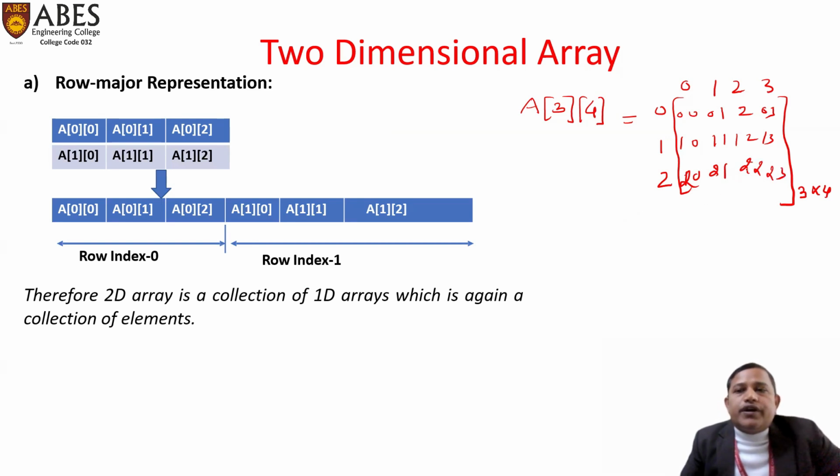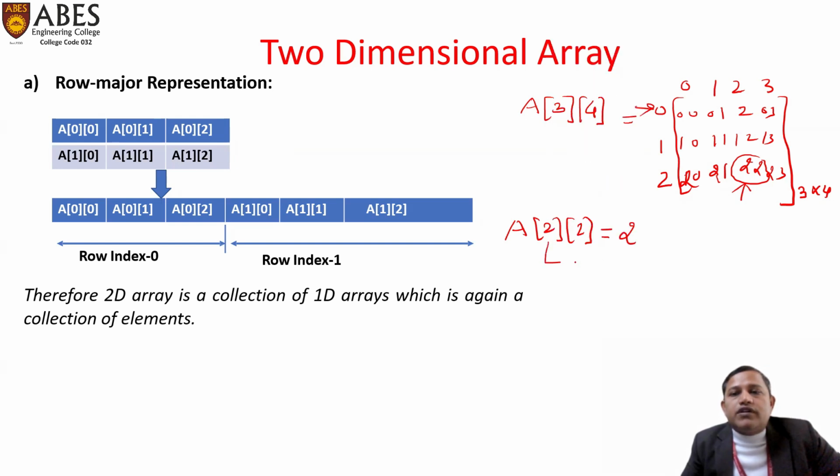If you want to find the address of any particular location in this matrix, suppose you want the address of 2,2, represented as A22. How do we reach this location starting from the first index? First you have to cross the total number of elements in the preceding rows.